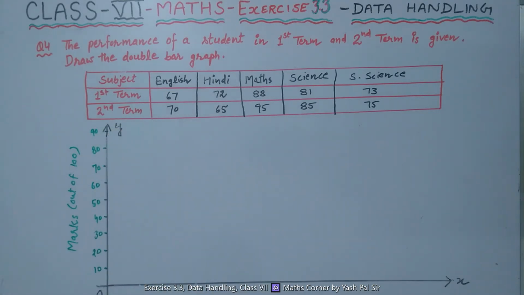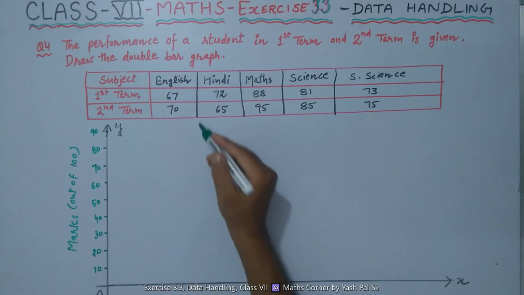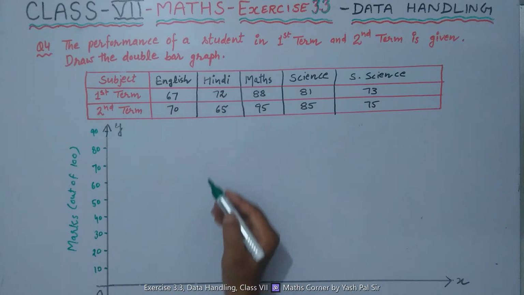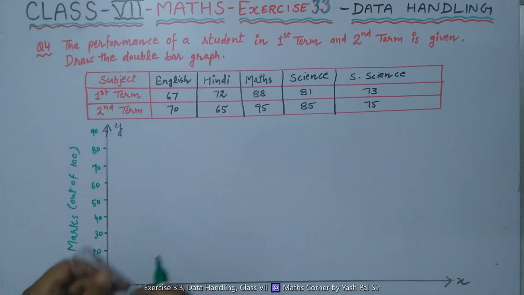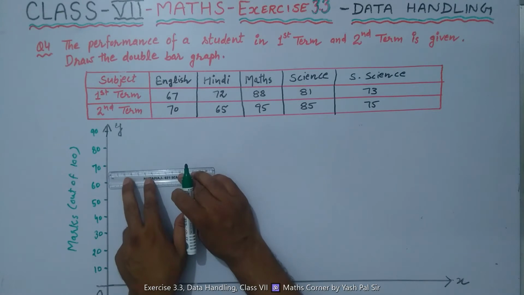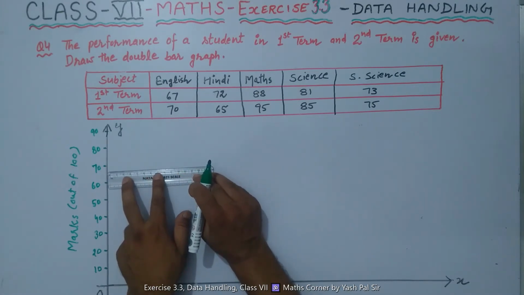Okay, so now what we do, we take the subjects. First of all, 67. Where is 67? This is below 70 and above 60. So here somewhere we can say we have 67.